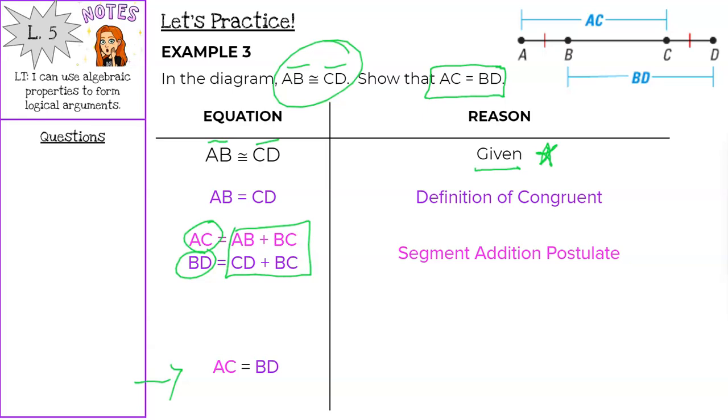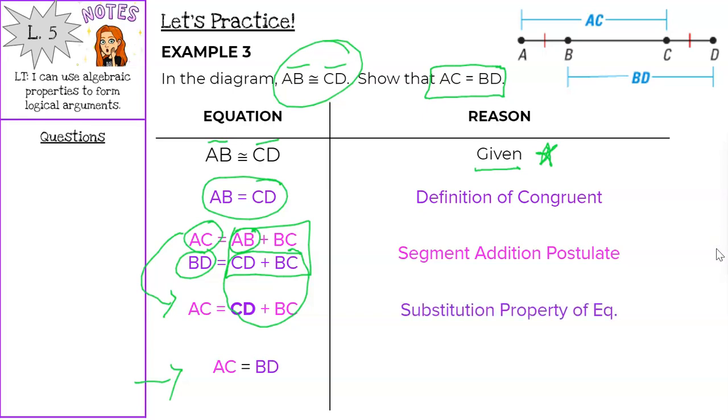Well, how we do that is we can substitute. So if we take that AC equation and change AB to CD, now these two pieces are the same. Well, why can we change AB to CD? Well, because AB is equal to CD. And the reason for that is our substitution property of equality.